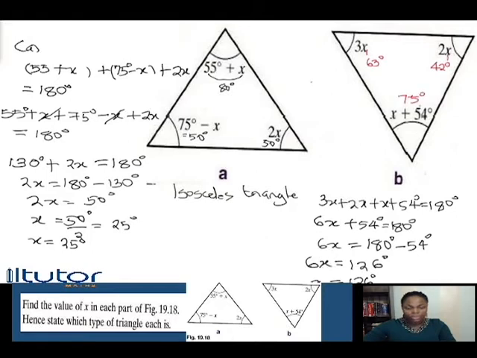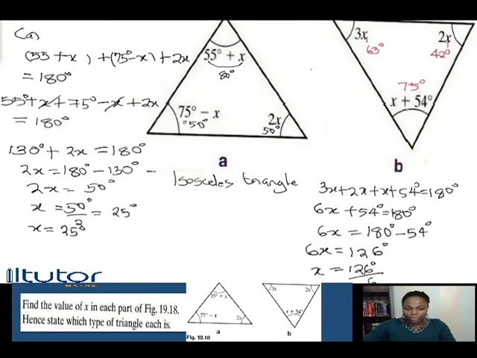75 degrees. So looking at this triangle, what type of triangle is it? Now none of the angles are equal, so this is a scalene triangle. A scalene triangle has none of its angles equal.